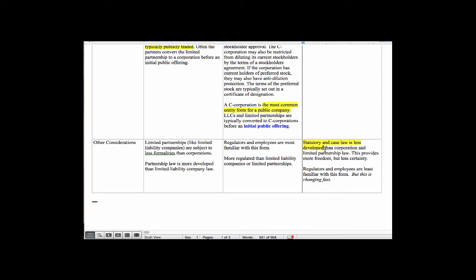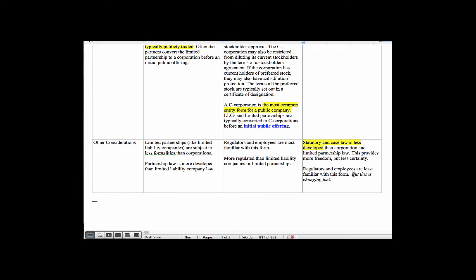But there's not the same depth of legal interpretation out there. There are not that many court cases. There's less certainty around how the law will get interpreted, and so corporations may be better than LLCs because they're better vetted by the legal process.